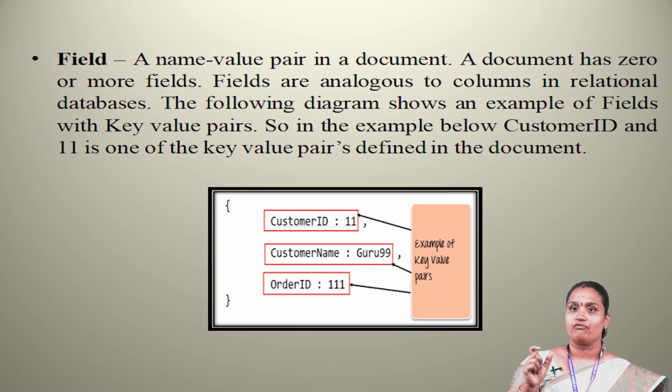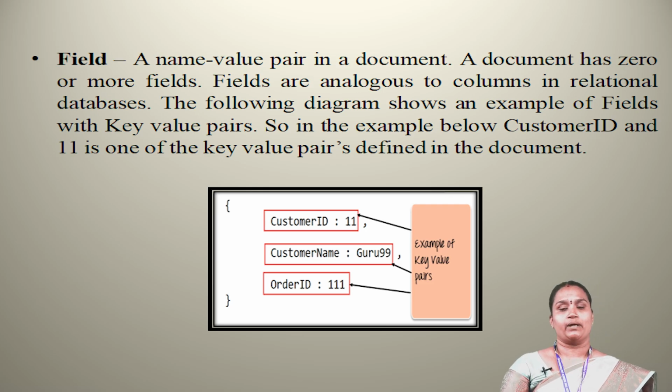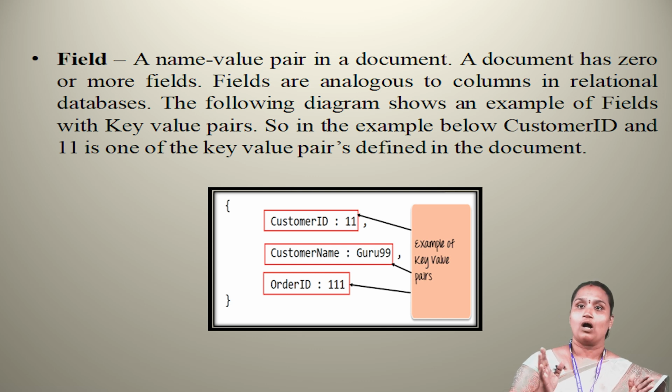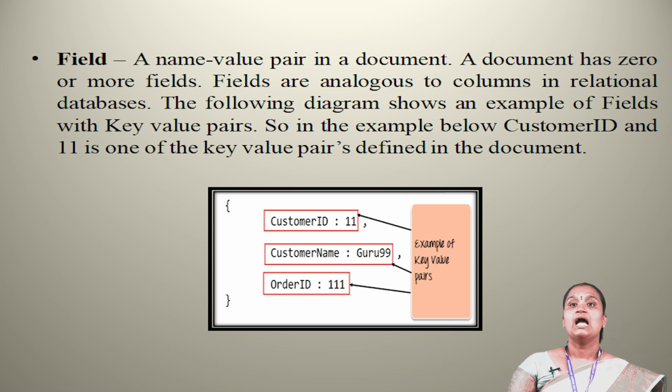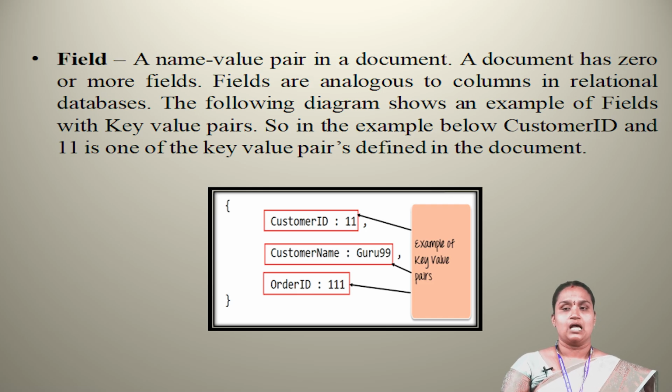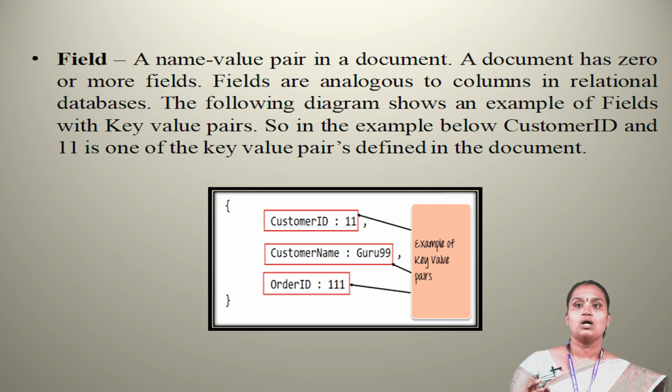The next one is field. A name-value pair in a document. A document has zero or more fields. Fields are analogous to columns in relational databases. The following diagram shows an example of fields with key-value pairs.